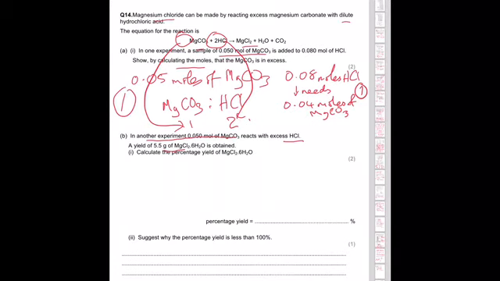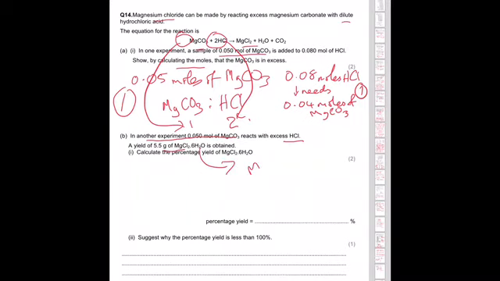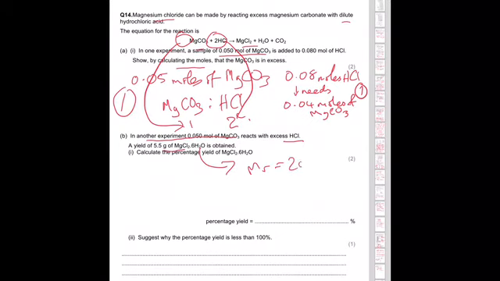Right, next one here is percentage yield. It says here you've got 0.05 moles of magnesium carbonate reacts with excess hydrochloric acid, and you get 5.5 grams of magnesium chloride. So therefore, you would expect that if you had 0.05 moles of magnesium carbonate, you would have 0.05 moles of magnesium chloride crystals forming, because it's a 1:1 ratio from the equation above.